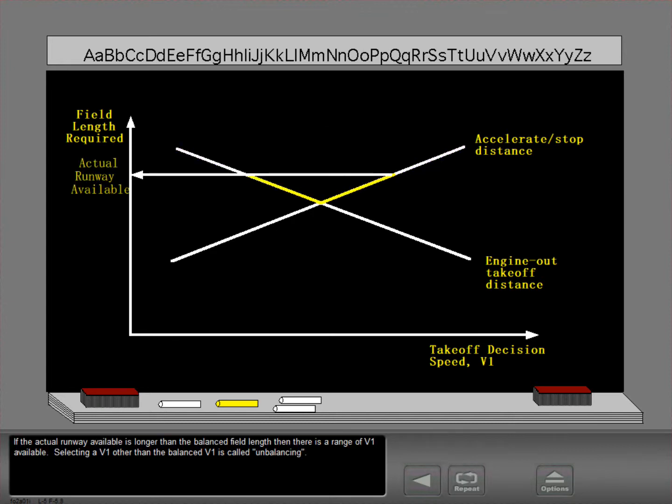If the actual runway available is longer than the balanced field length, then there is a range of V1 available. Selecting a V1 other than the balanced V1 is called unbalancing. Unbalancing may be used to increase a VMCG limited takeoff weight or a brake energy limited takeoff weight.